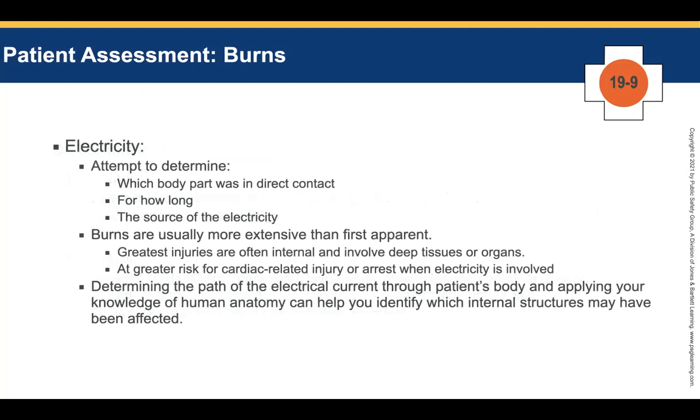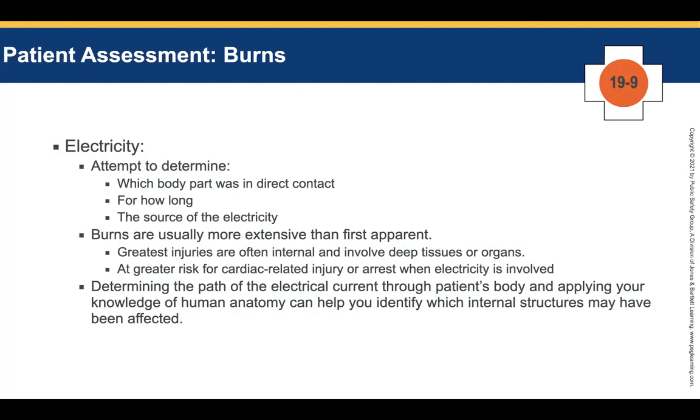Electricity: trying to figure out what body parts were in direct contact, looking for entrance and exit wounds, looking for signs of how it traveled. Electricity traveling through the body can cause muscles to contract to such a degree that it causes broken bones even.